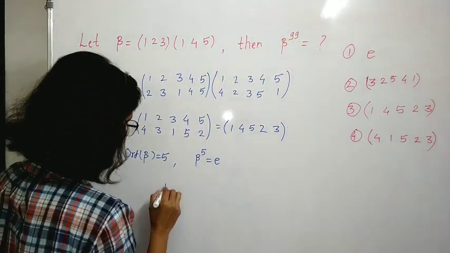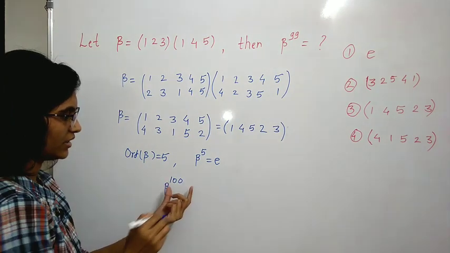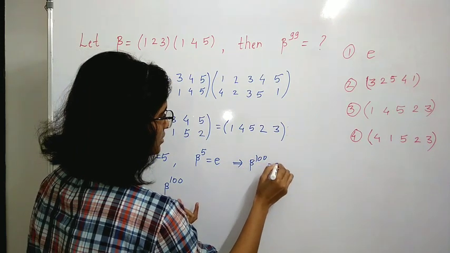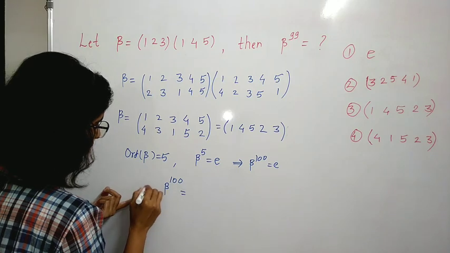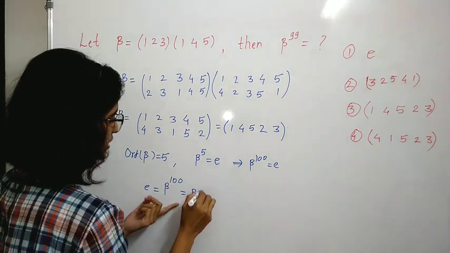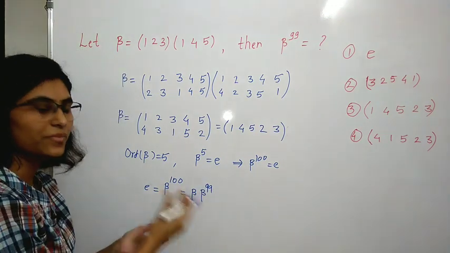So we can write this as, beta raised to 100 is equal to identity, because 5 divides 100. So identity is equal to beta raised to 100, and we can write this as beta times beta raised to 99, or beta raised to 99 times beta.